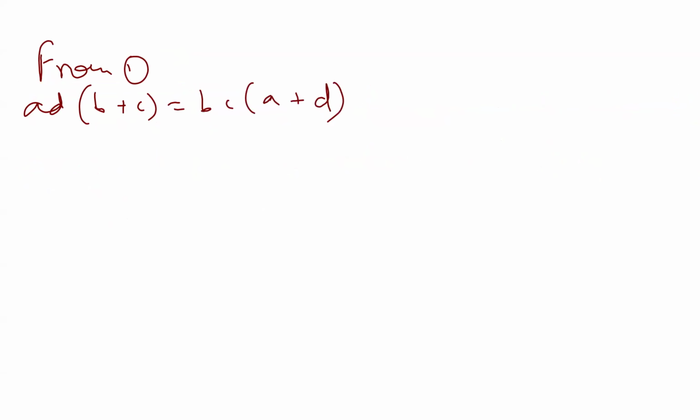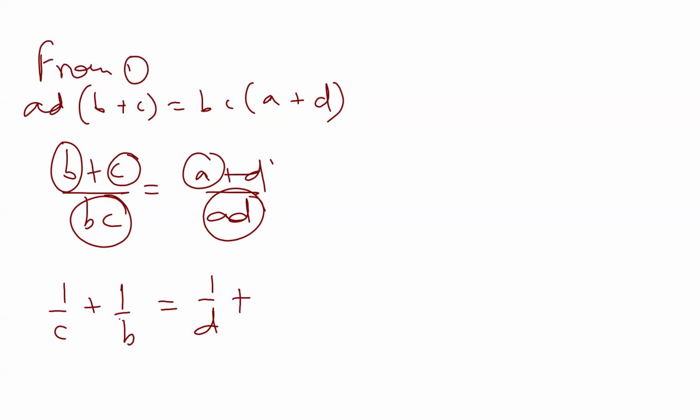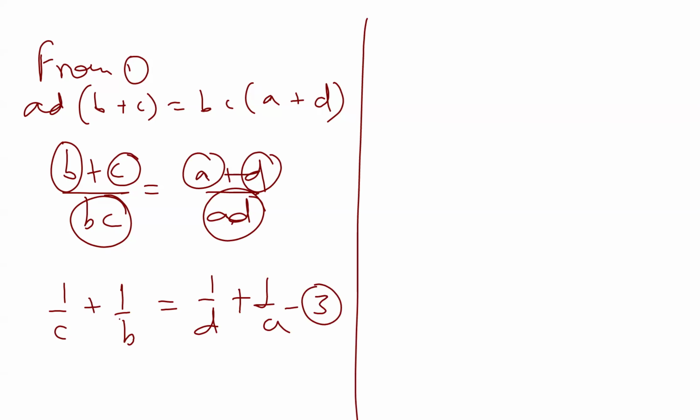Always keep the plus sign in the numerator in this problem. B plus C upon BC, A plus D upon AD, split: B upon BC, that is 1 upon C, plus C upon BC, 1 upon B. A upon AD, 1 upon D, D upon AD, 1 upon A. Let this be equation number 3.